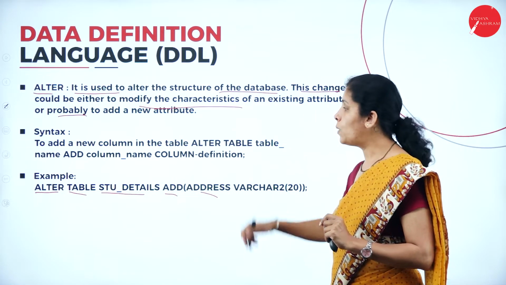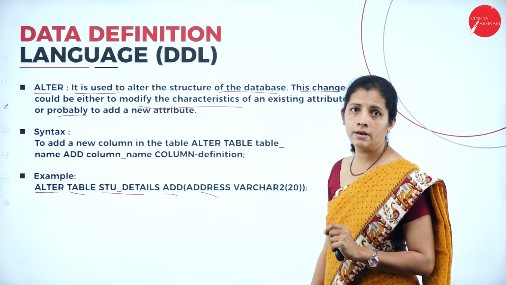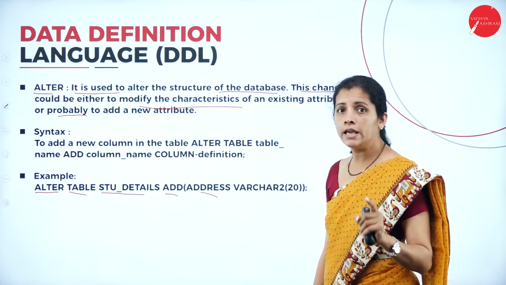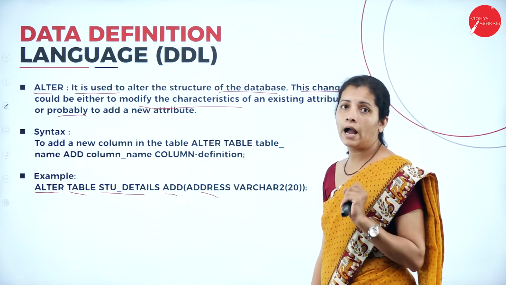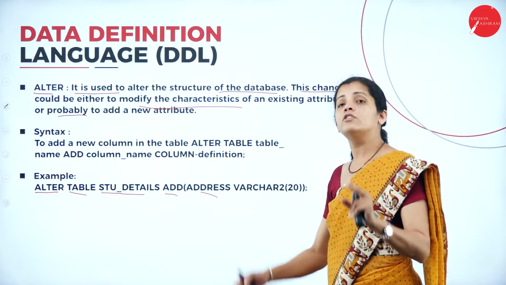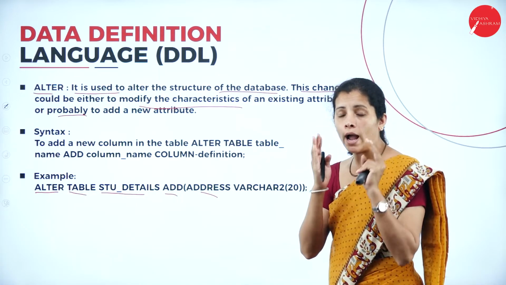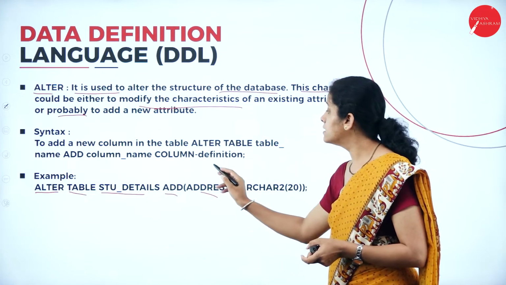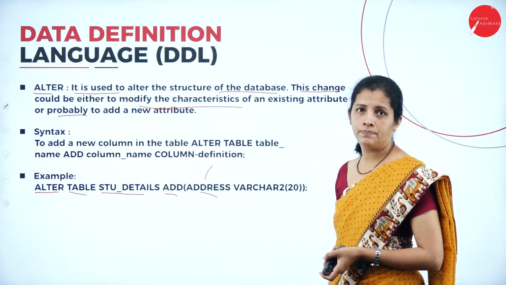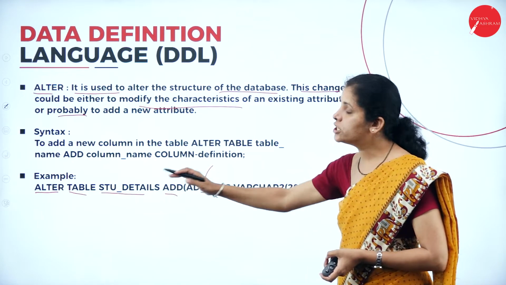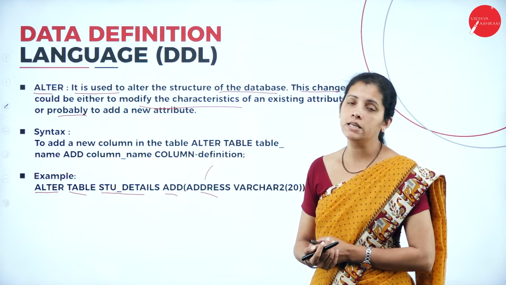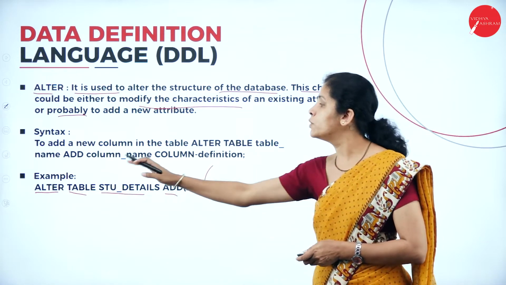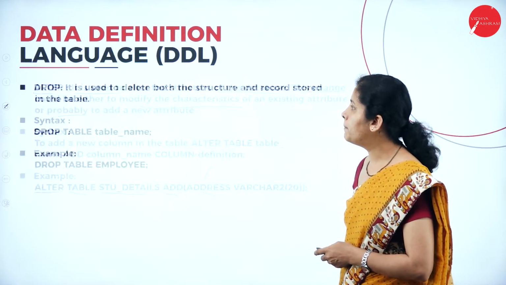In the previous example I considered, I had only roll number, name and marks. For the same table, I want to add one more field, that is address. In that situation, I'm going to modify the existing table. For that, I'm going to use the alter command.